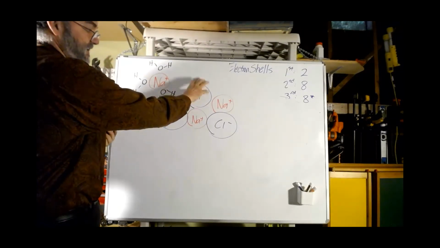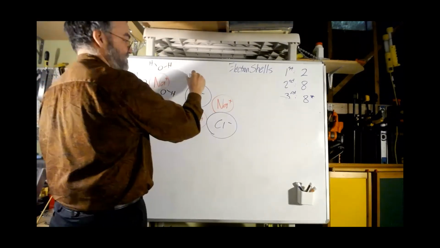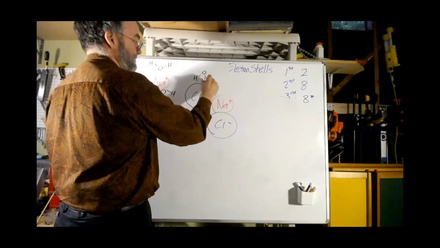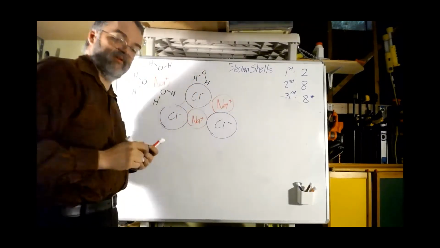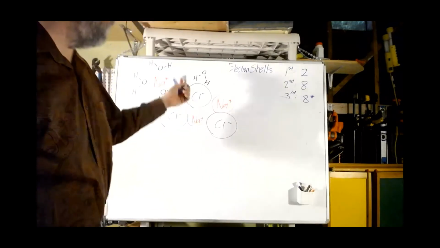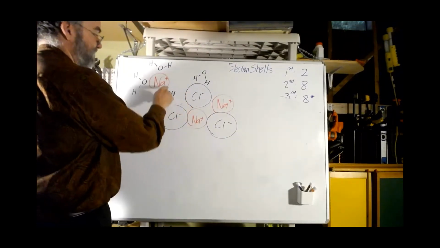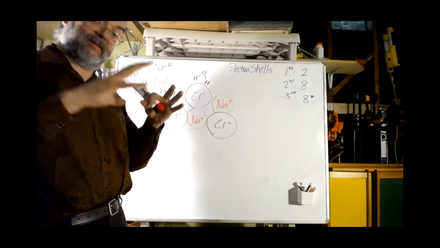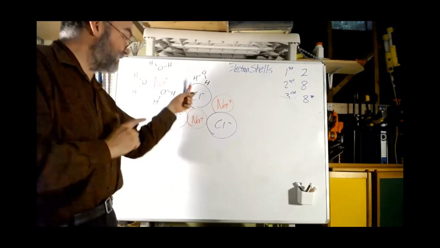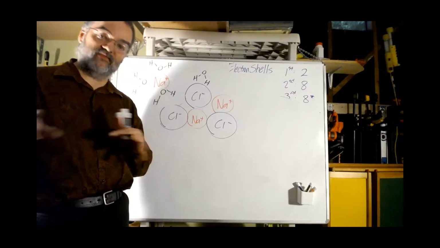The chlorine is going to have the same thing happen when it's approached by water molecules arranged the other direction. So all of the ions in my salt crystal will end up surrounded by water molecules and separated from the crystal. This is what's happening when salt dissolves in water.